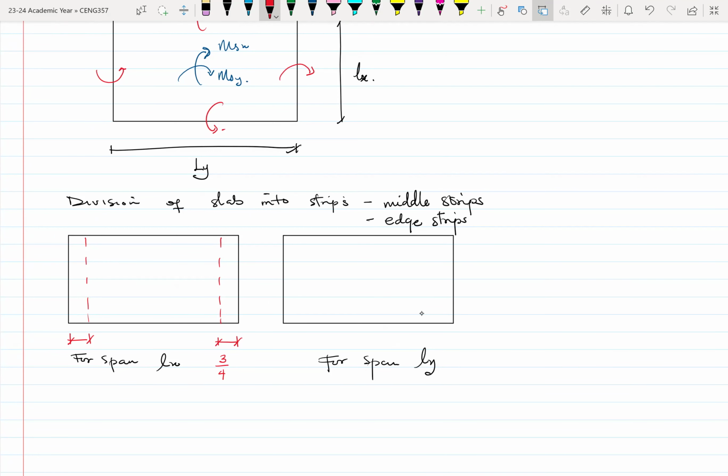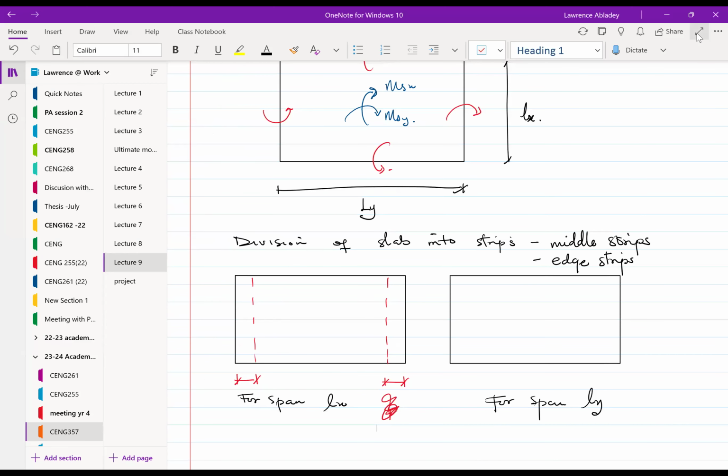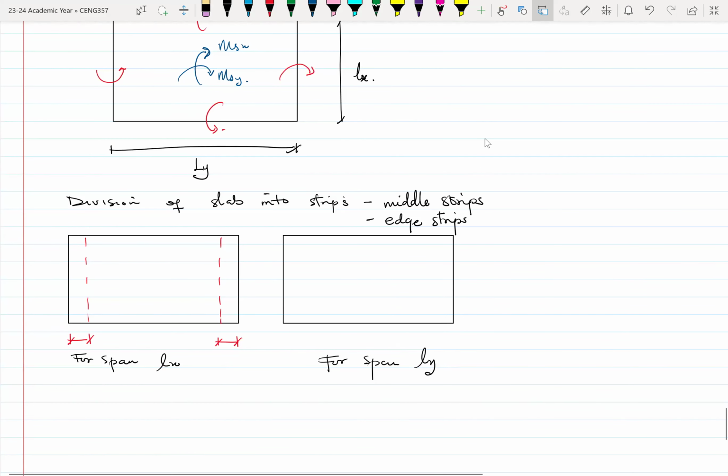Sorry, it's L over 1/8. Okay, so this one becomes Ly over 8.